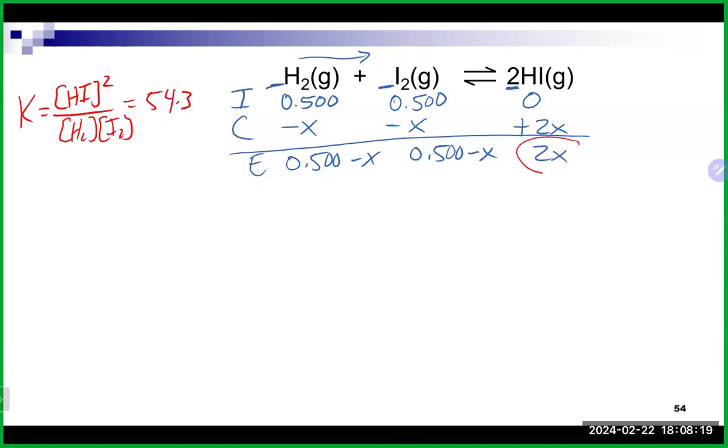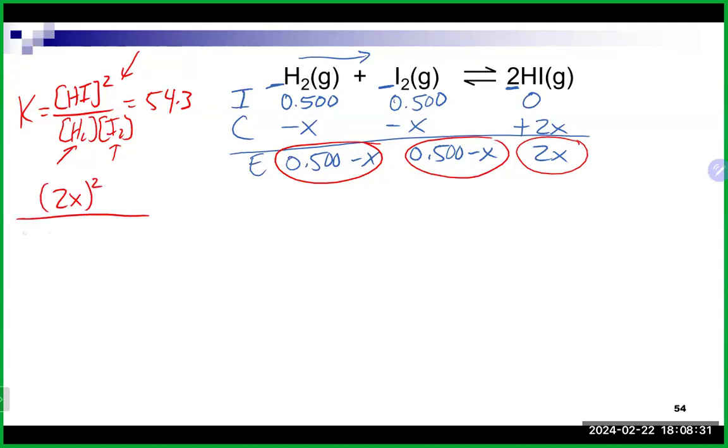Taking our equilibrium line and putting them into the appropriate spots, we will get something like 2x squared up on top divided by 0.5 minus x times 0.5 minus x, which is equal to 54.3. So we want to solve this mathematically.